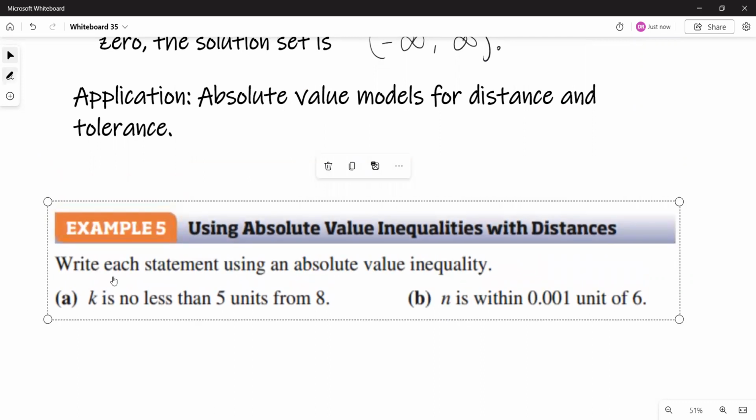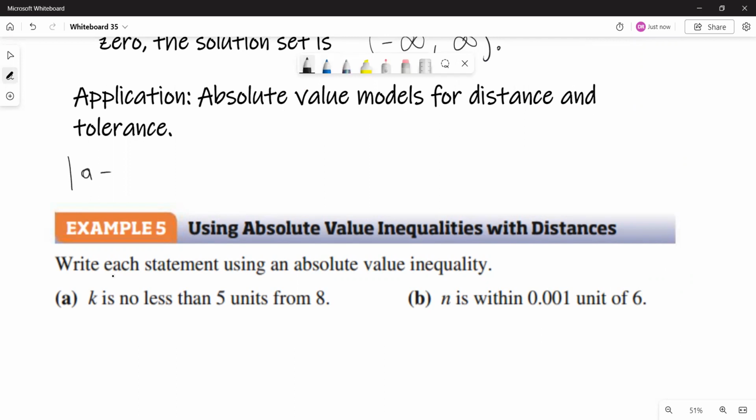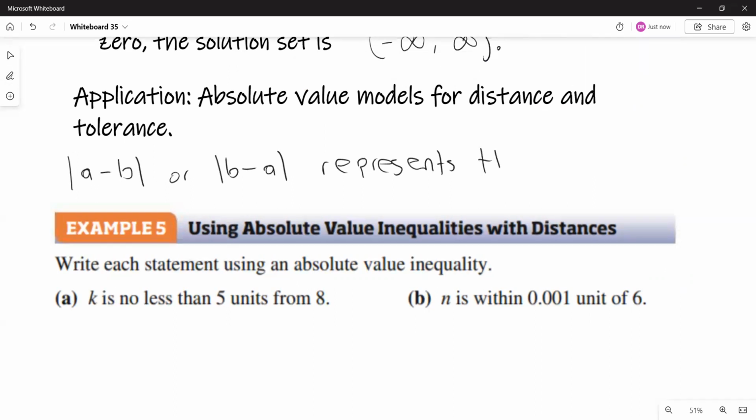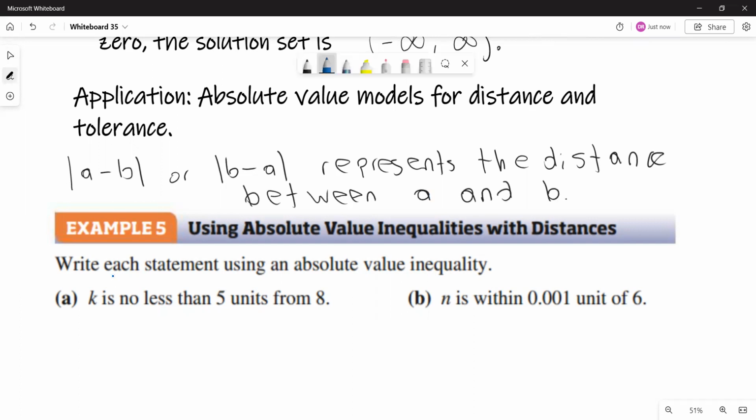In general, either the absolute value of A minus B or B minus A represents the distance between A and B. So, an absolute value inequality for the statement K is no less than 5 units from 8.